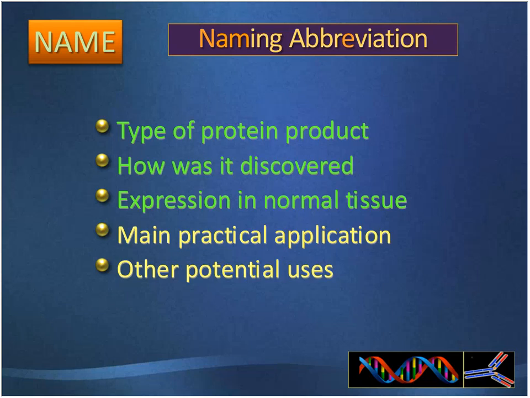And then I'll take you into the type of protein product, how it was produced, whether or not it is expressed in normal tissue, and the main practical application, at least in my experience, and other potential uses and sometimes abuses.